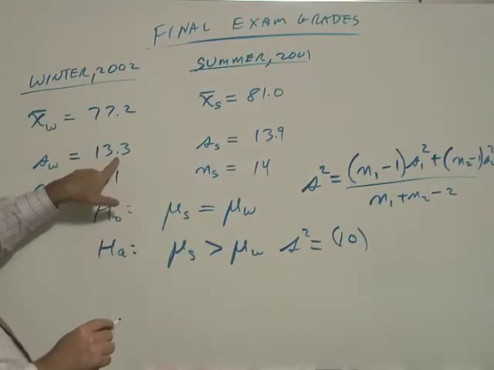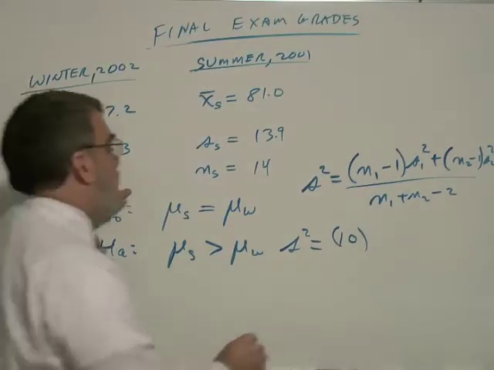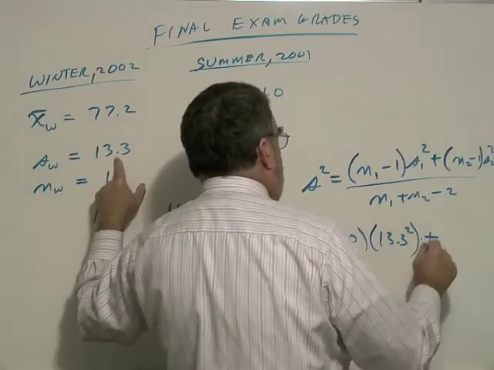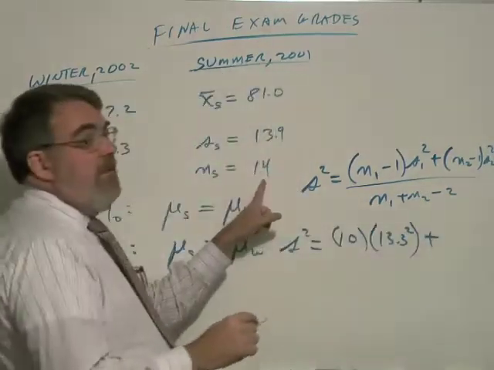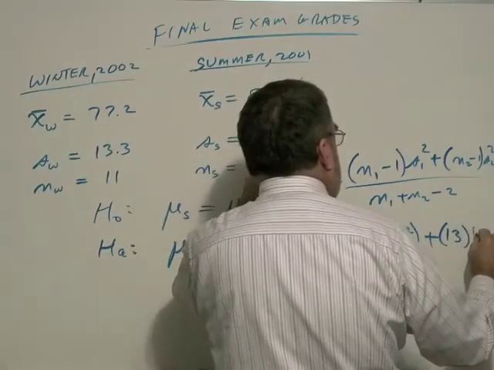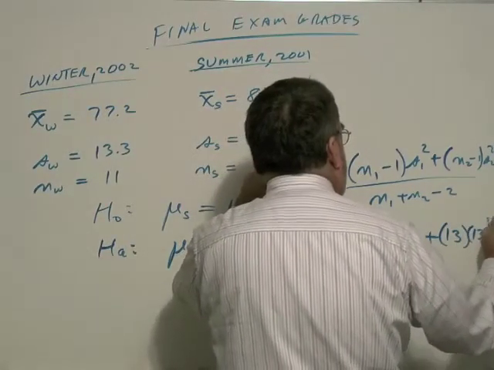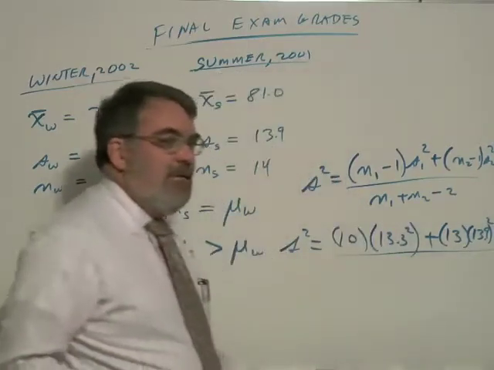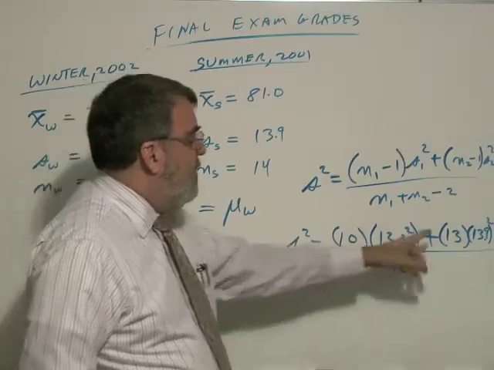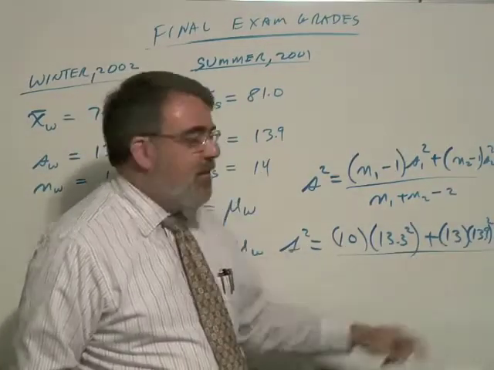times its standard deviation, 13.3 squared, plus N2 minus 1, so that would be 14 minus 1, 13, times 13.9 squared. Again, I hope this is fitting on your screen, but it's 10 times 13.3 squared plus 13 times 13.9 squared.